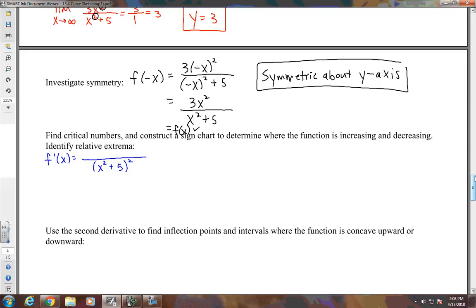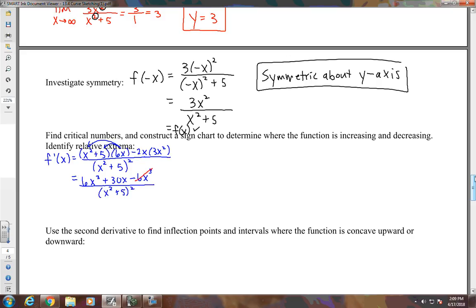So we're going to start by squaring the denominator, then we lead with that term in the numerator, multiply by the derivative of the numerator, minus the derivative of the denominator times the numerator. So we're getting lots of practice with our derivatives here. Now, let's simplify. We'd end up with 6x cubed plus 30x when we distribute, minus, that's going to give me a negative 6x cubed, all over our denominator squared.